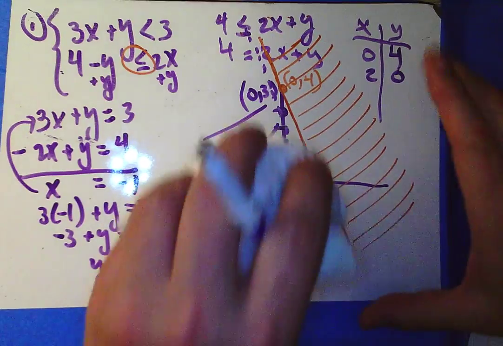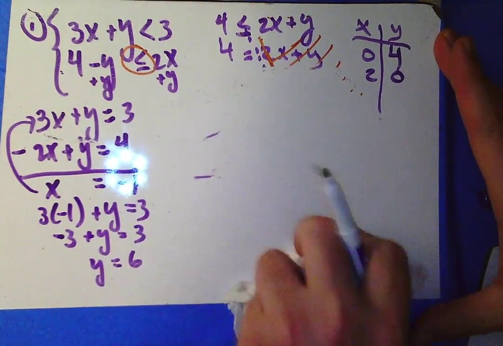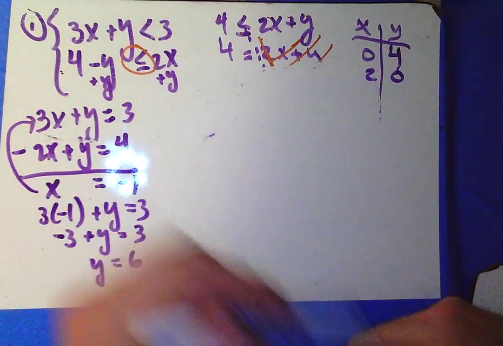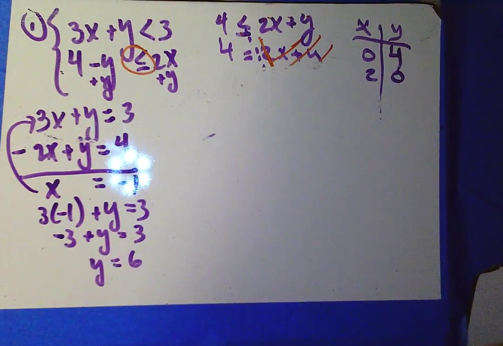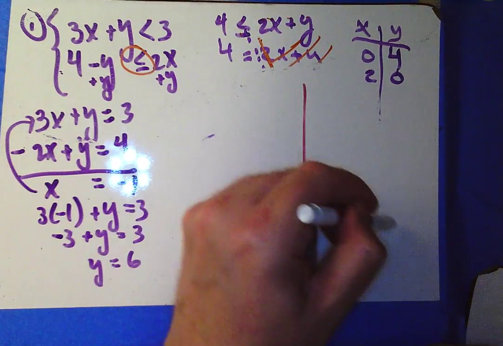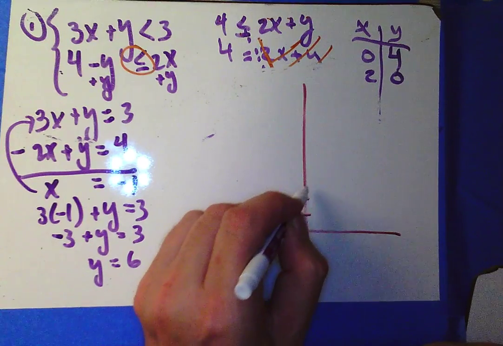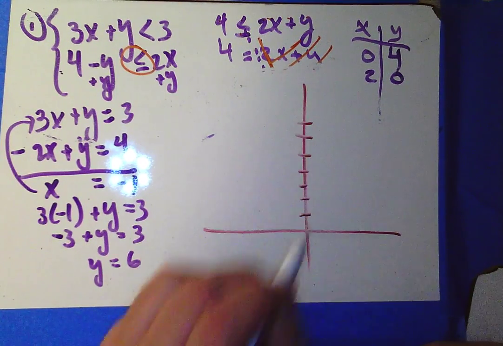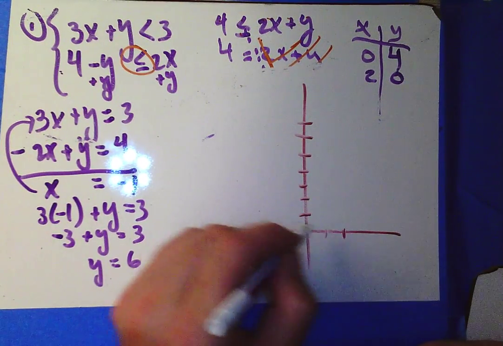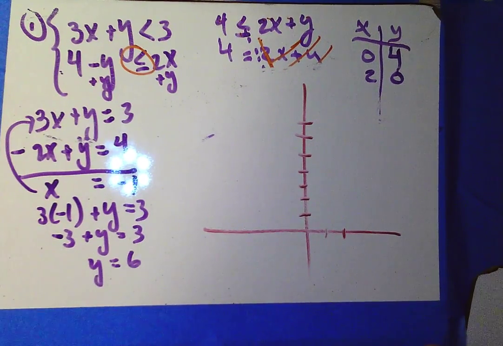All right, let's remake the graph, because we know that these intersect. 1, 2, 3, 4, 5, 6, 7. 1, 2. Let's graph.